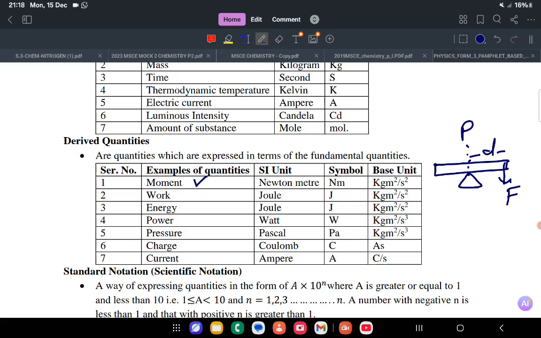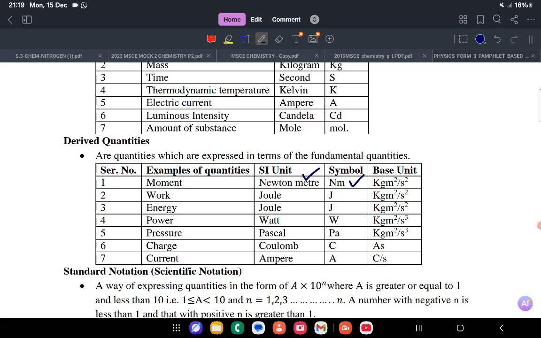So moment M is simply the force multiplied by the distance from where the body is turning. In other words, moment of a force is the product of the force and the perpendicular distance from the turning point. Don't worry about this. This will come out clear in your Form 3 physics topic. It's a topic on its own, called moment of forces. The unit of moment is Newton meter, in short written Nm.